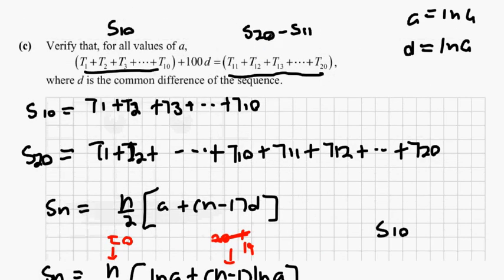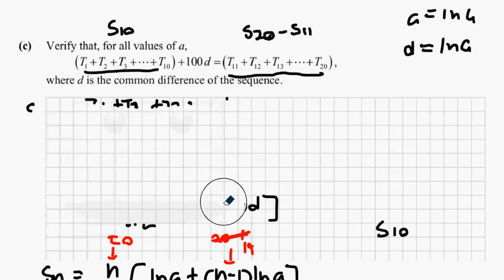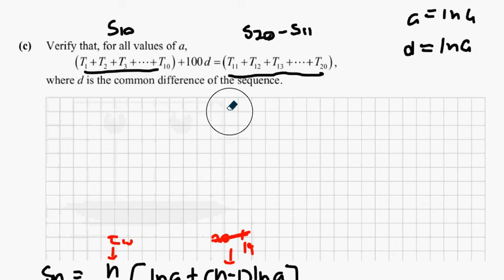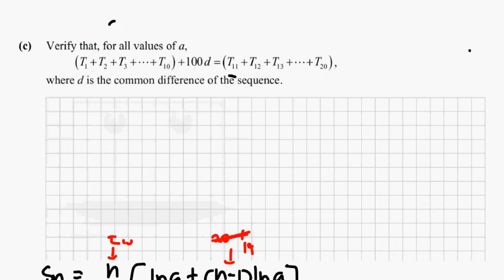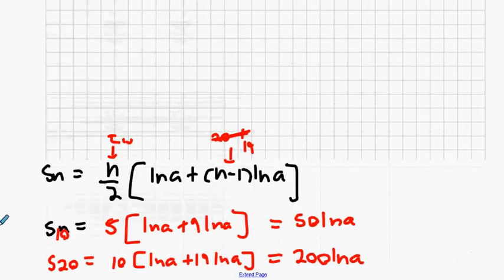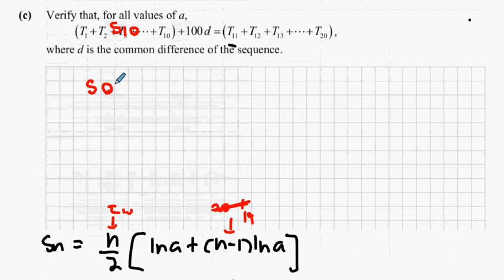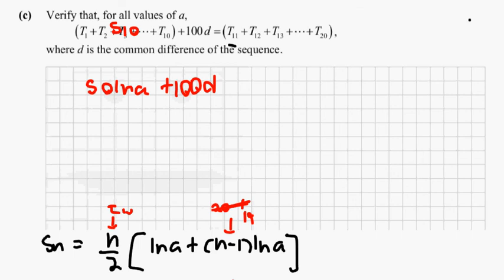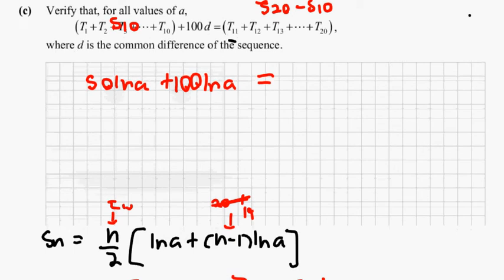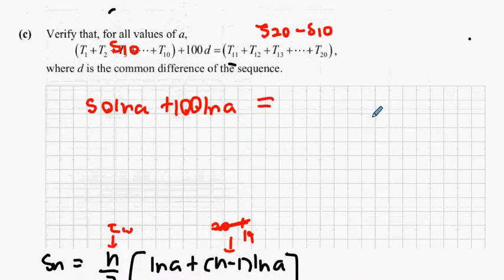Now what we can do next is we can have S10, and S10 is 50 ln a. 50 ln a plus 100d, 100d is 100 ln a, equals S20 minus S10, which is 150 ln a.